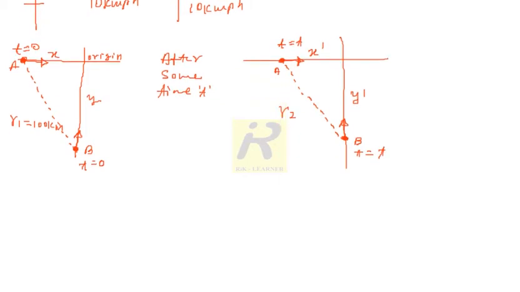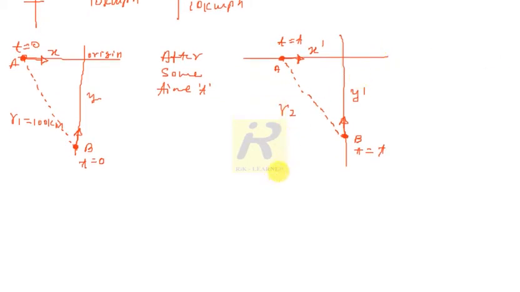So how much should x dash and y dash be? x dash should be equal to x minus va into t, because va is the speed of car A and t is the time. When I multiply these two, this is the distance covered by car A in the time t. So the remaining distance from this position to the origin will be this. Similarly, y dash is equal to y minus vb into t. This is how we can write it.